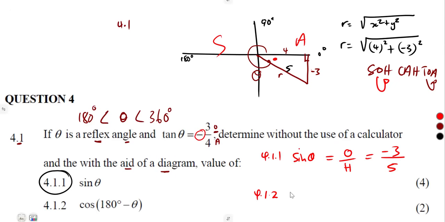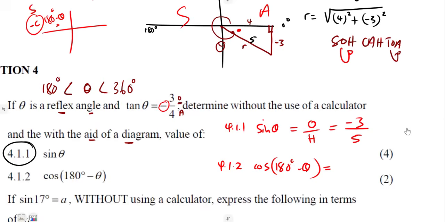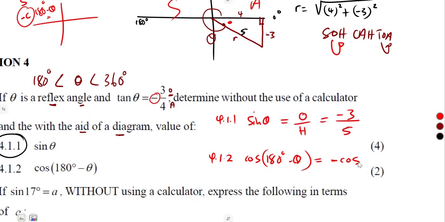4.1.2, cos of 180 degrees minus theta. From our reduction, we need to reduce this. Remember, 180 degrees minus theta is found in the second quadrant, which is the quadrant of sine. So cos is negative. So this is going to give us negative cos theta. What is our cos?